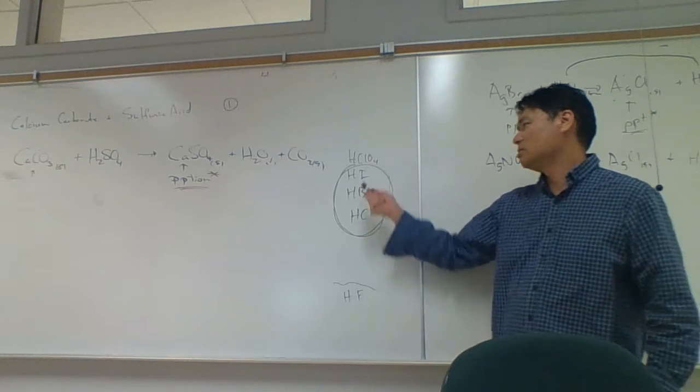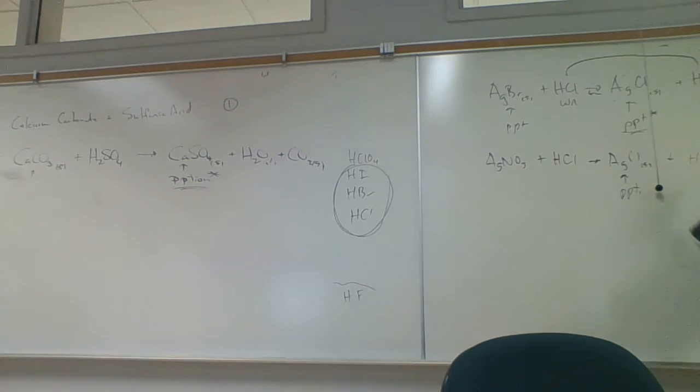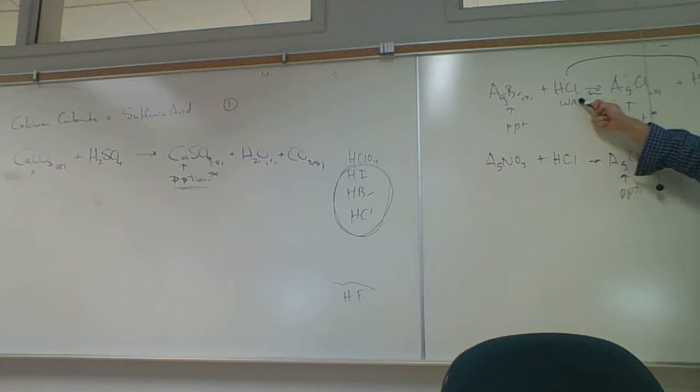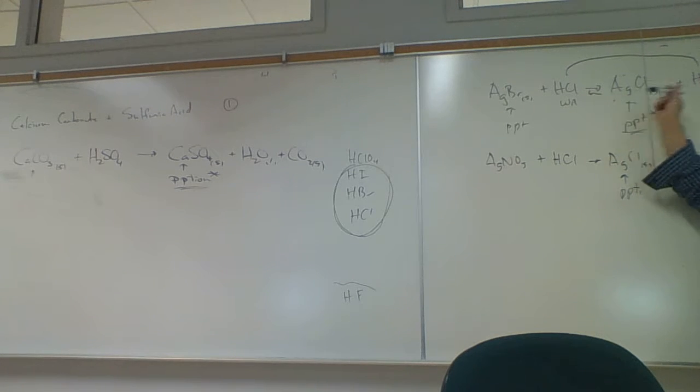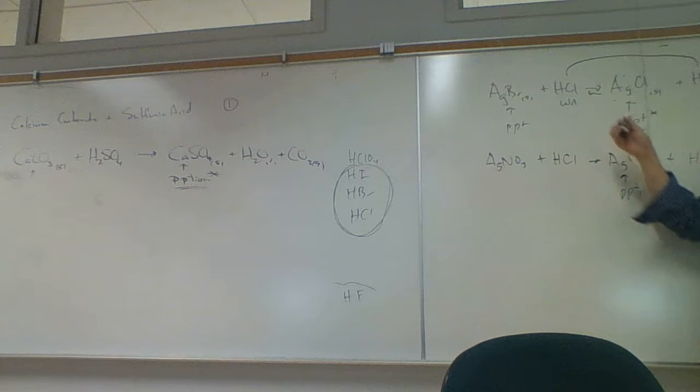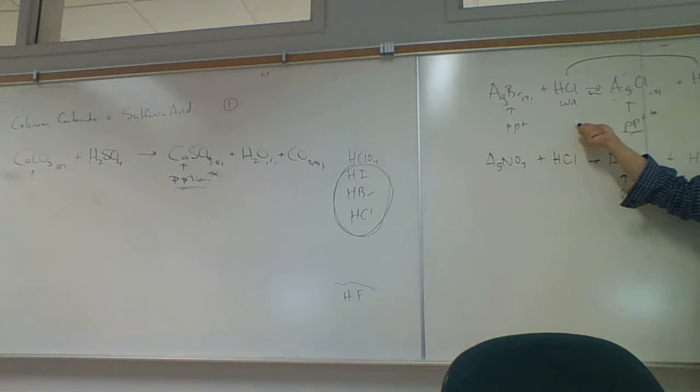And so HI is much stronger. And so here, now we're past that. According to the chart, HCl is weaker, HBr is stronger, just looking at the chart. Can I say that there's no driving force here? In fact, the driving force should be in the reverse direction. We should go from stronger to weaker. Yes?